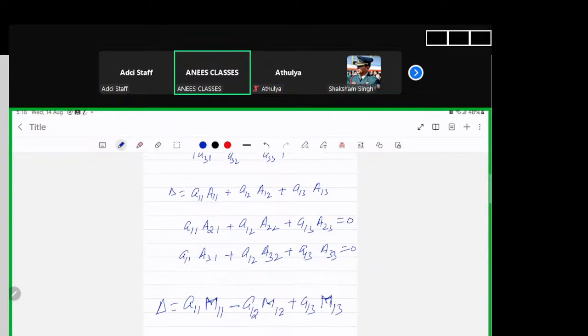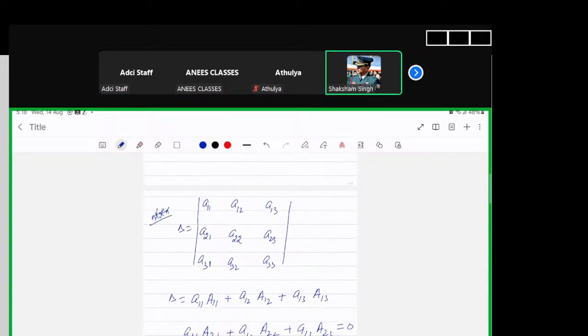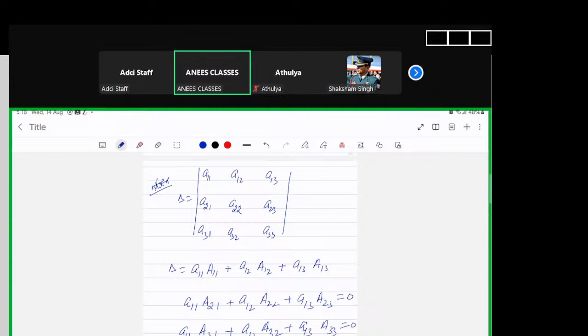Understood? Yes, sir. But sir, in opening this, in the second row you have written A11, A21. So suppose that you are taking elements from the first row and cofactor from another row. So you have to take corresponding ones. Corresponding to A11, you will find A21 in the second, and in the third A31. Understood? Yes, sir.